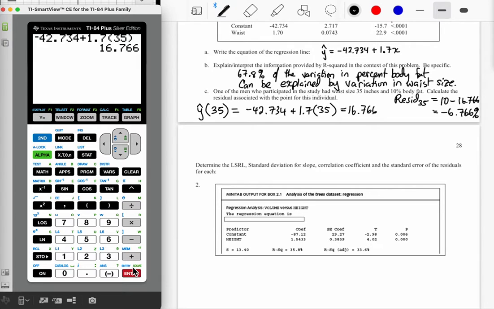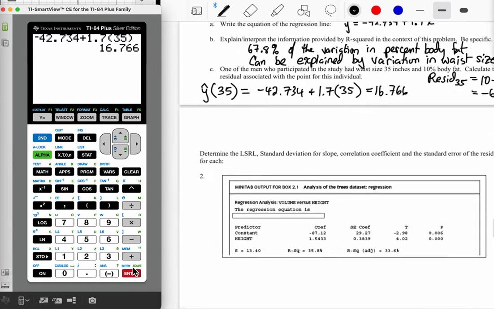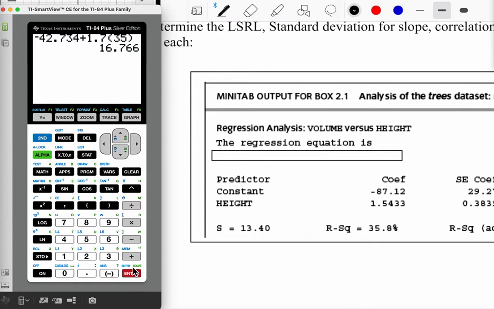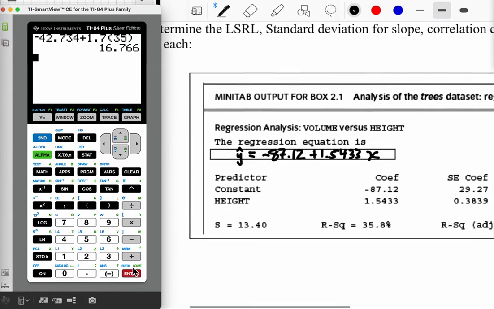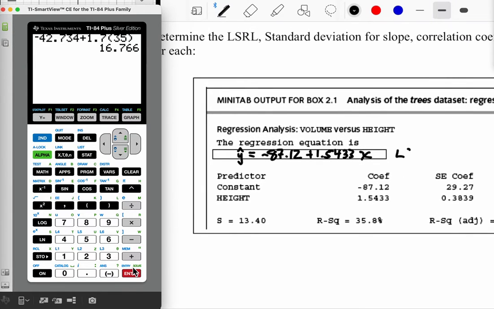But the least squares regression line should be one of those really easy parts. So I guess I could just write it in this little box. y hat would be equal to negative 87.12 plus 1.5433x. That's the LSRL.